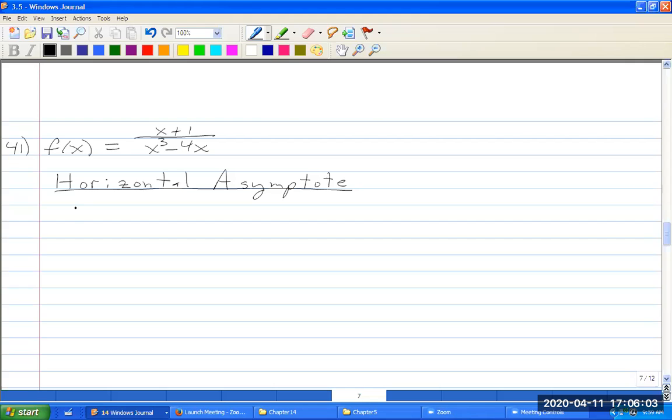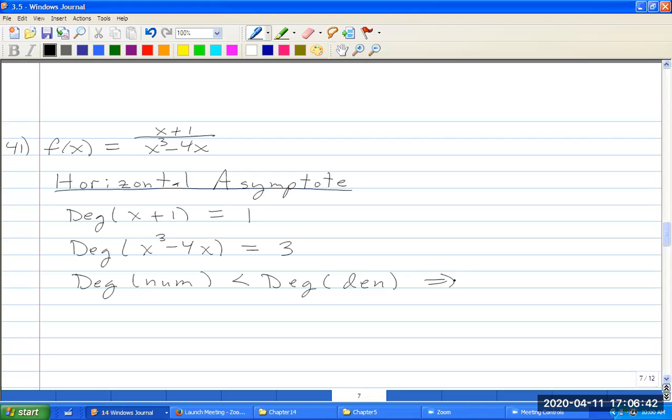If I look at the degree of the numerator, the degree of the numerator is 1. That's the power of x is 1. The degree of the denominator is 3. Since the degree of the numerator is less than the degree of the denominator, then the horizontal asymptote is just y equals 0.